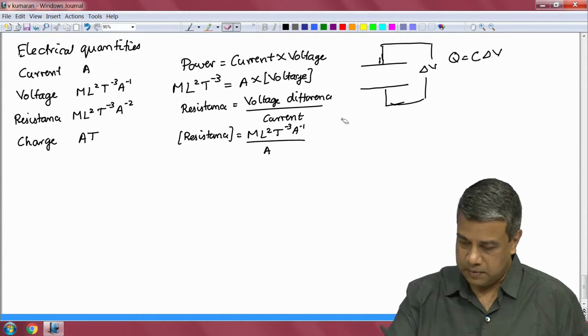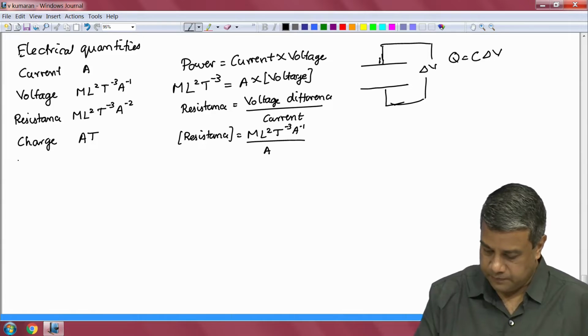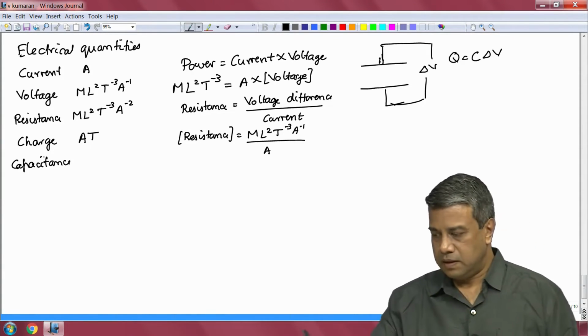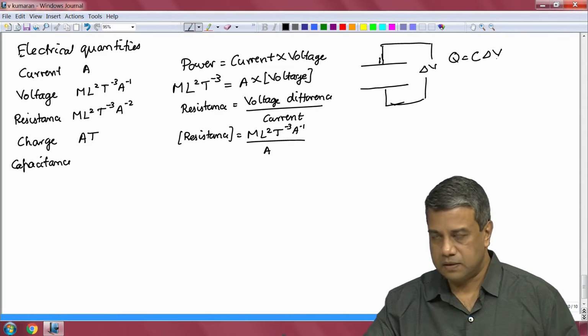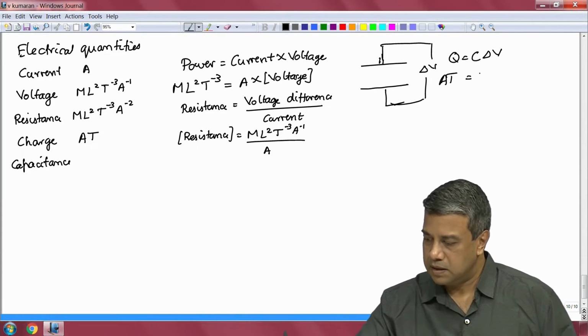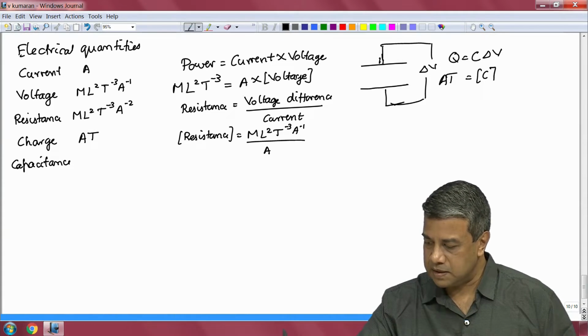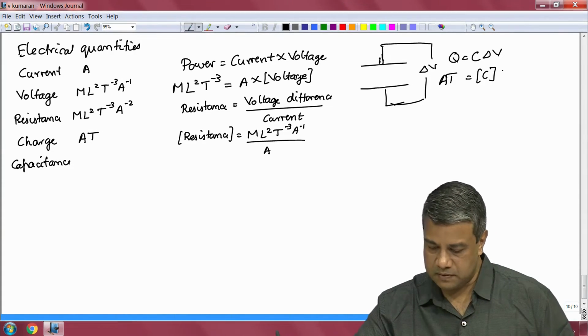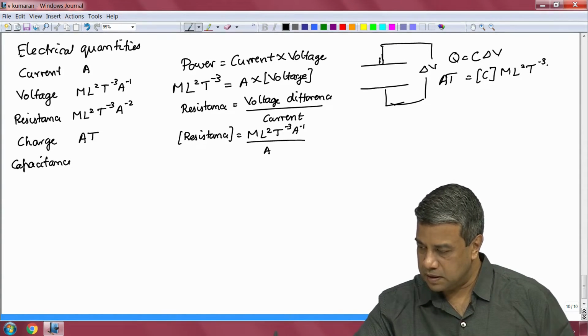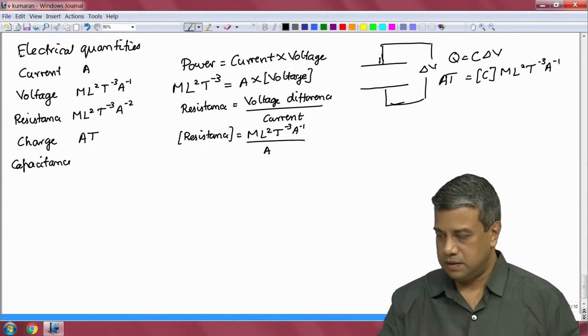Now, back to our dimension of capacitance. Q is equal to C into delta V. That means the dimension of charge, which is A times T, is equal to the dimension of the capacitance C times the dimension of the voltage, which is M L square T power minus 3 A inverse.